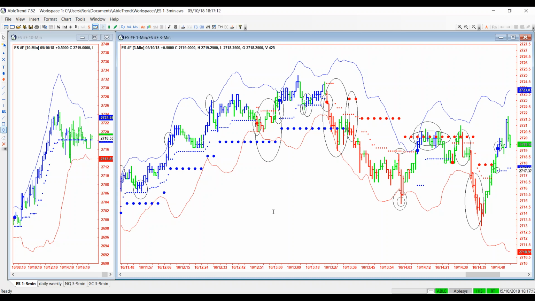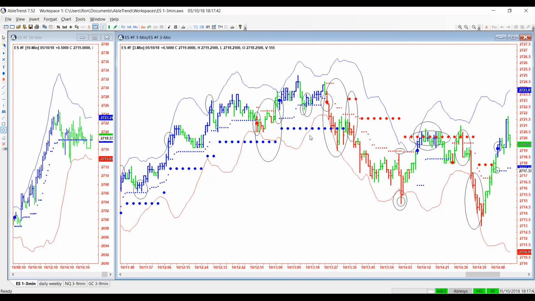You can put the two charts side by side and see whichever one you like best. You're going to get a lot more trades if you use AbleTrend 3 on the higher time frame. You're going to get a lot fewer no trade zones. So in a real choppy market, it's not going to work as well. But you're only looking to make a point or two anyhow. Generally, that's the type of trading you're going to do.